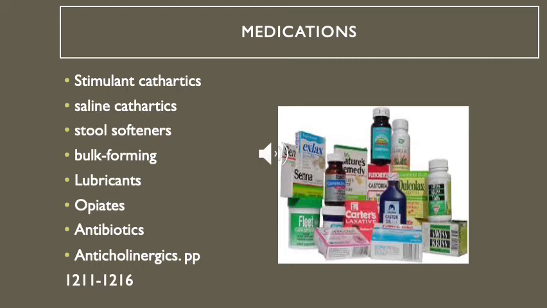And we always want to ask them about the character of the stool. Does it range from watery up to that constipated stool? Or where is it, getting a description of it and the color and so forth.